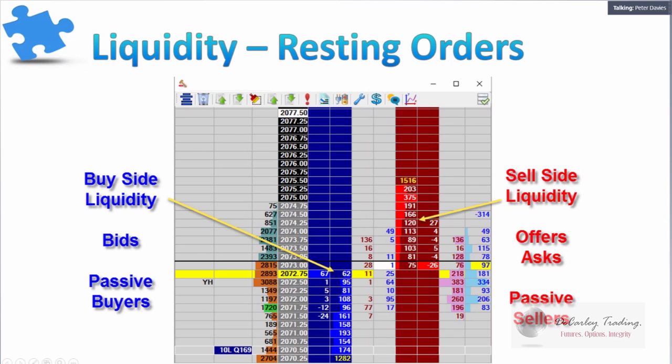Now despite a lot of these resting orders being fake, we still have to move through them. Okay, so if we look at the blue numbers here, we can see that it took 17 contracts, then 95 contracts, then 10, 64, 25, 1 contracts to move up through the offers.